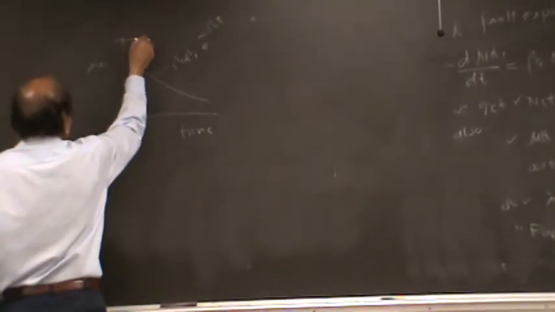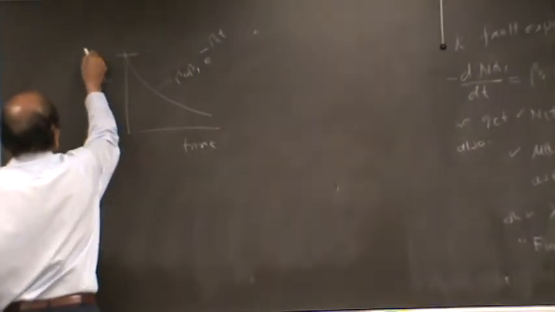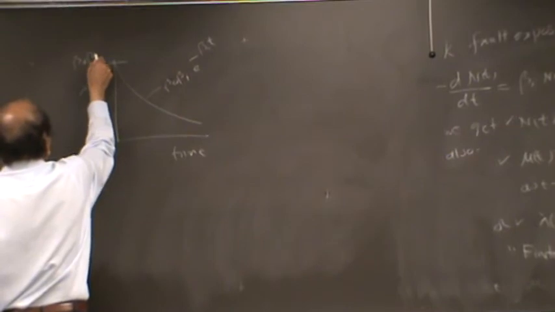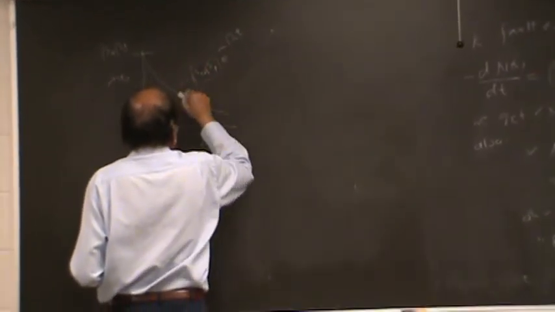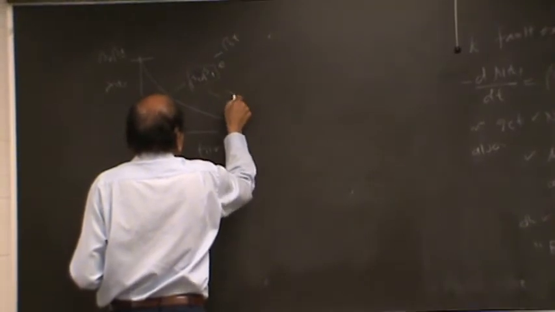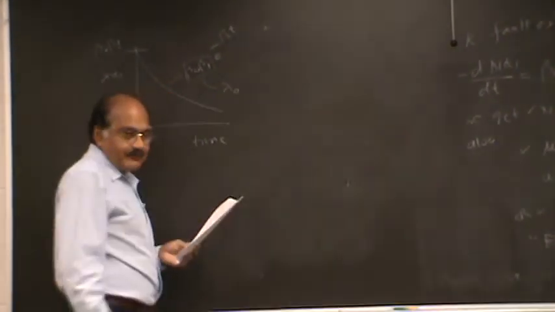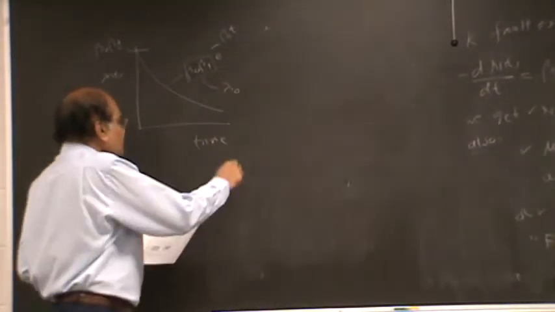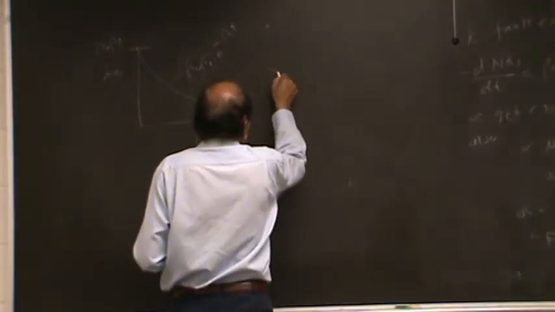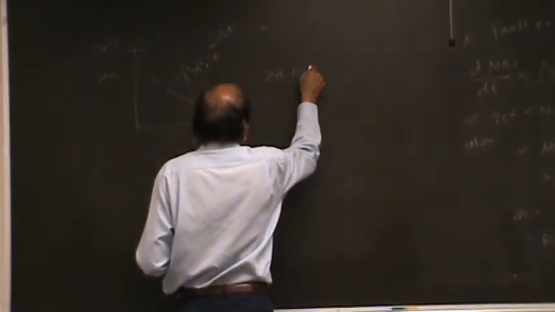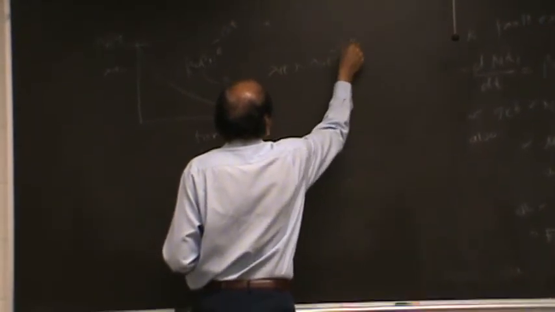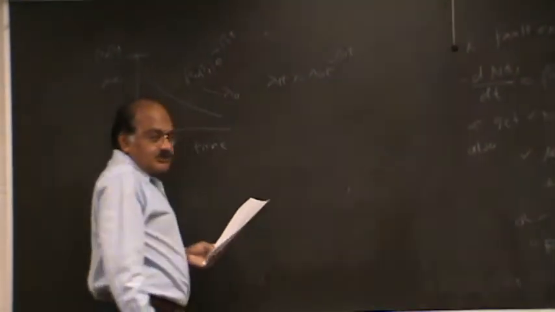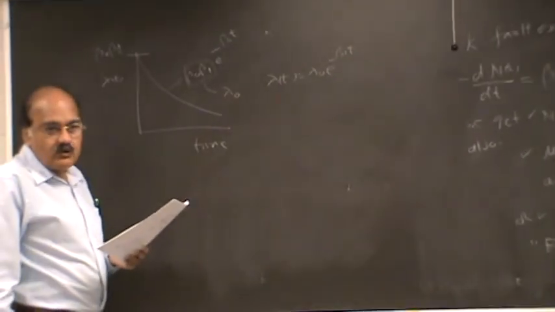And this here is going to be your beta 0 beta 1. Sometimes this is referred to as lambda sub 0. So sometimes they will say lambda of t is equal to lambda 0 e raised to minus beta 1 t, which is the same thing, just a different format.